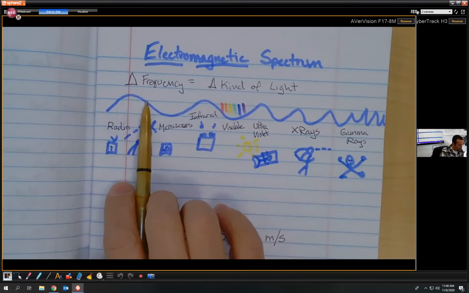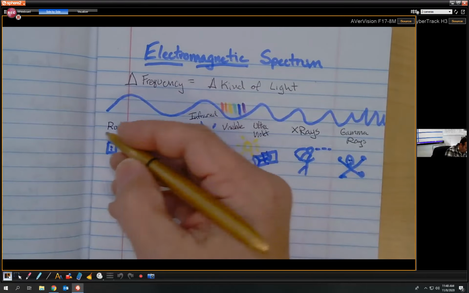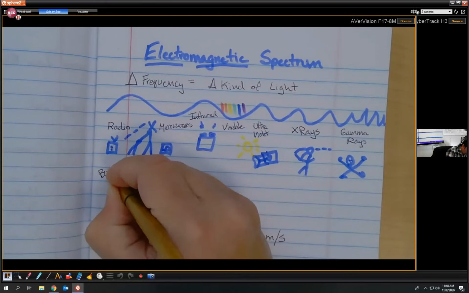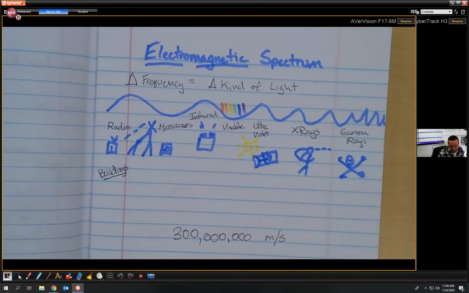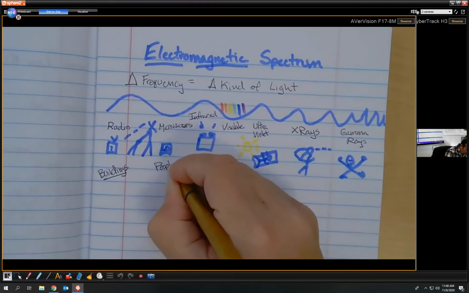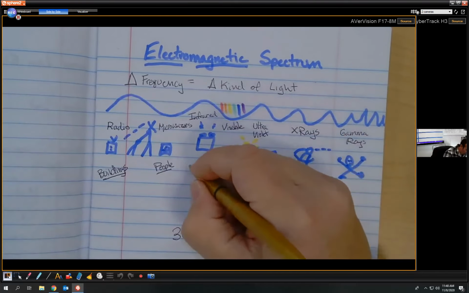Because they do start off big and then they get really, really tiny over on one end of the spectrum. Well, radio waves are about the size of buildings. Microwaves are about the size of people. Infrared waves are lovely little things.